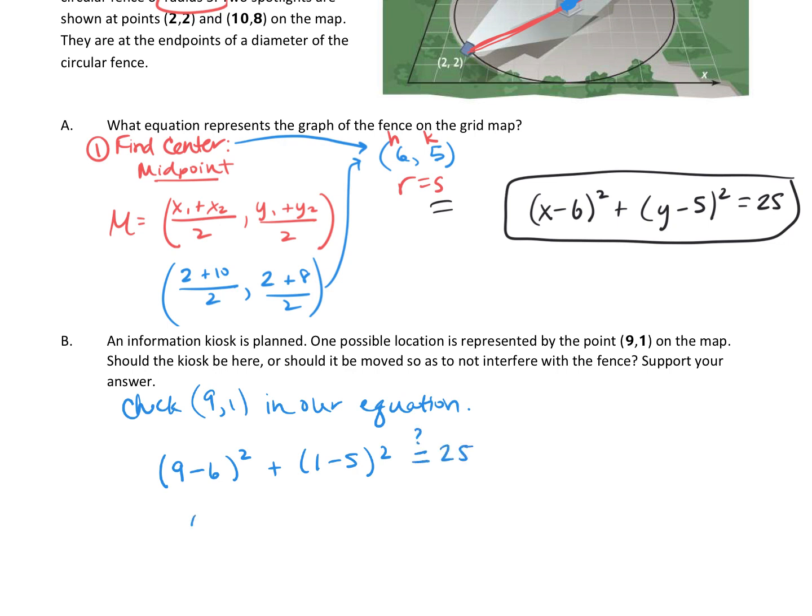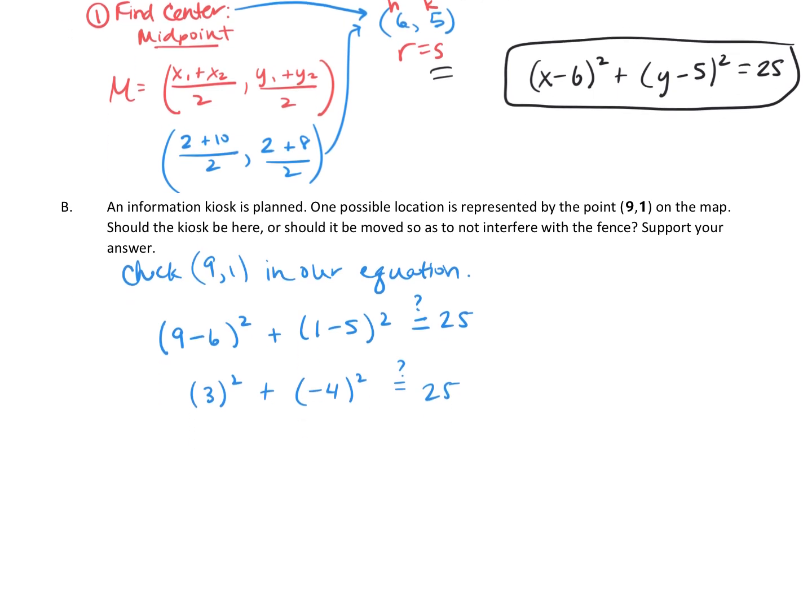So 9 minus 6 is 3 squared, plus 1 minus 5 is negative 4 squared. 3 squared is 9. Negative 4 squared, remember when we square things, they turn positive, so it's a positive 16. And 9 plus 16 is 25.